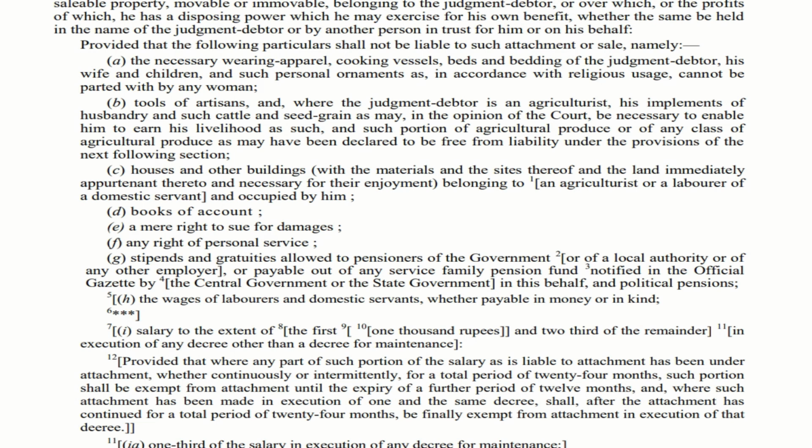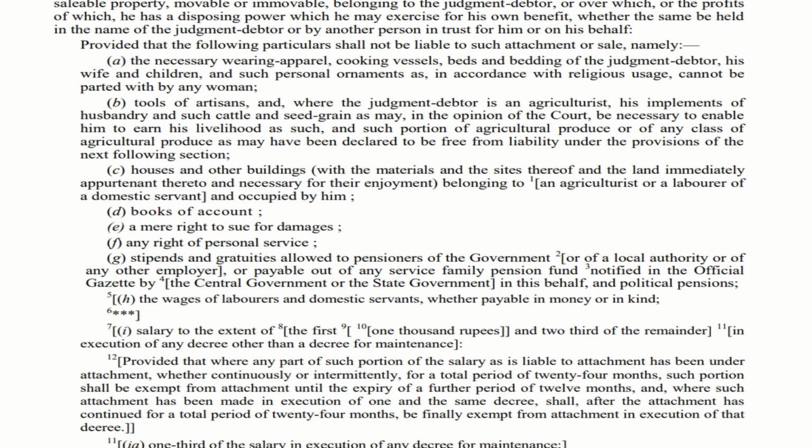The vessels which they use for cooking in their house cannot be attached, and their bedding or beds cannot be attached. Particularly, personal ornaments in accordance with religious usage: for example, in Hinduism, wearing a thali cannot be attached because it has a religious value and usage, and this cannot be parted by any woman. That is point A.